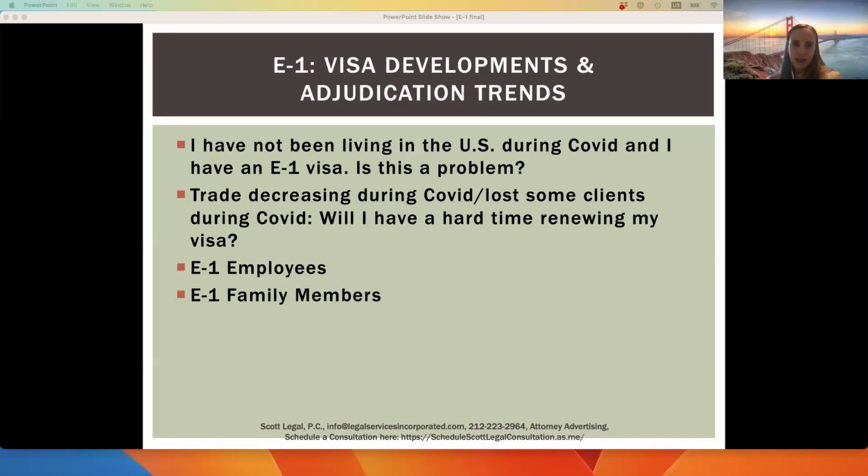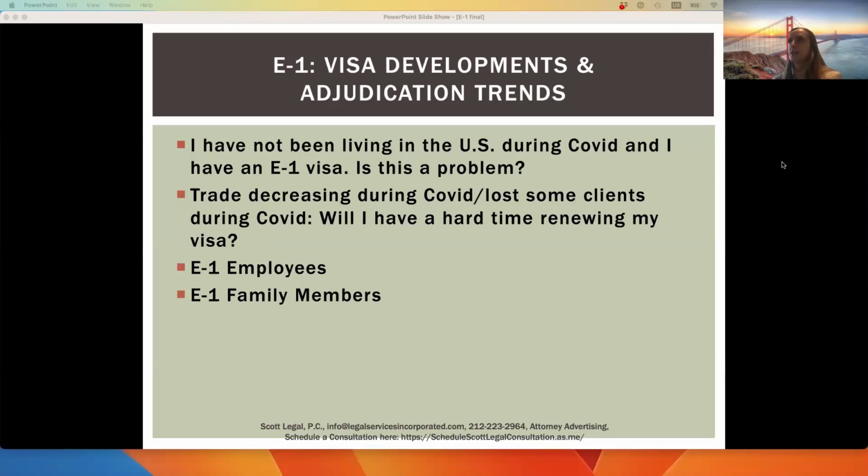Your spouse can work in the US. They get automatic work authorization to work in the US. So that is great. And then your children can study in the US. That is great, especially for the spouses, because not all spouses of non-immigrant visa holders can work in the US, but E-1 spouses can.